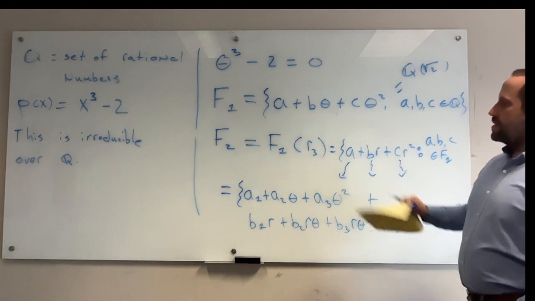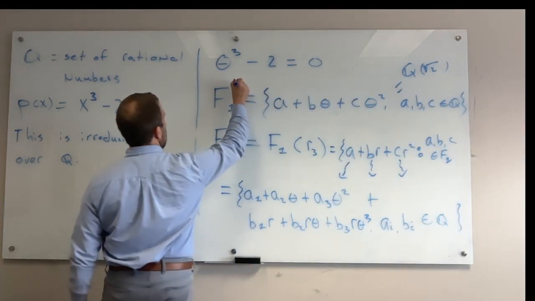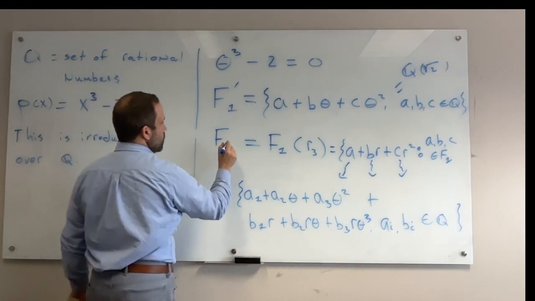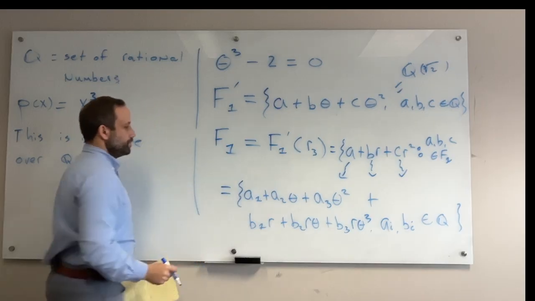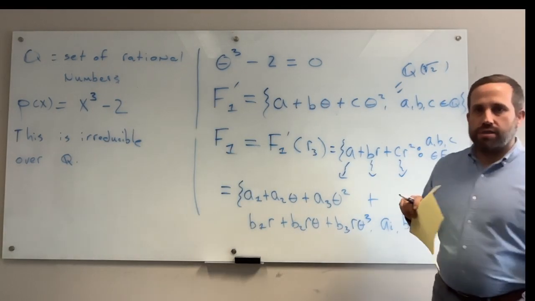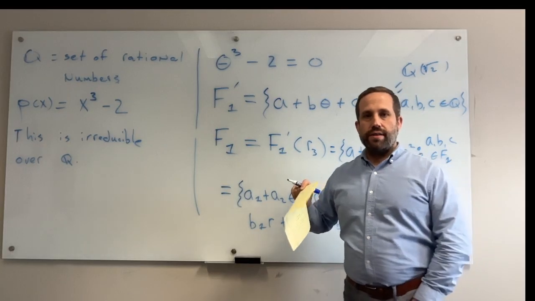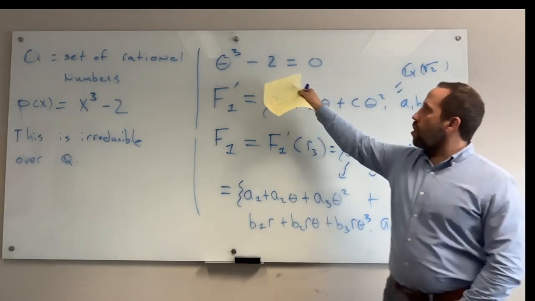Now, this is not the typical notation that we would use. So maybe I'm going to call this F1 prime, and then I'm going to call this F1. The reason I say it's not the notation that we use is because the extension of F1 prime over Q does not give us all of these roots right here.